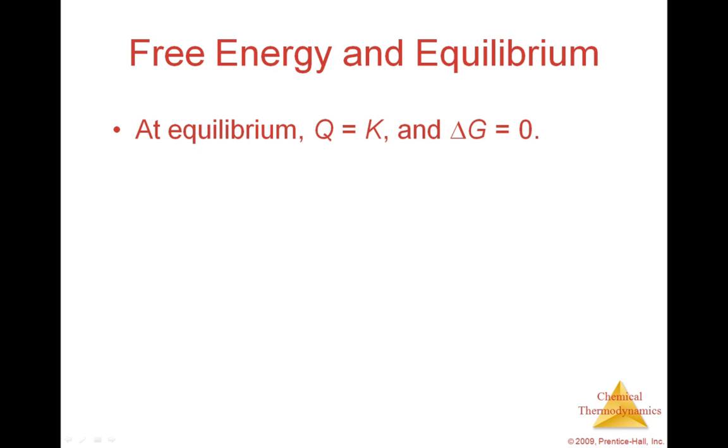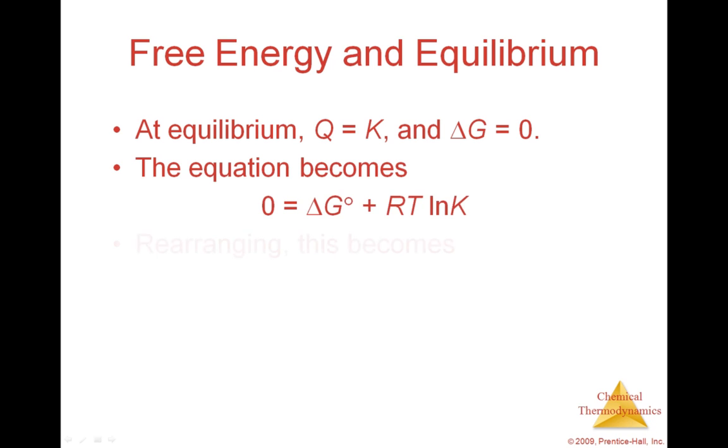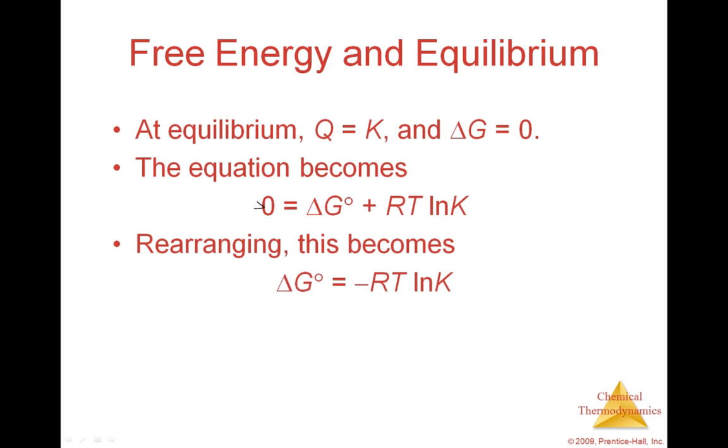So at equilibrium, Q is equal to K, and obviously delta G is equal to 0. So we can start subbing reactions into there. We set delta G equal to 0 at equilibrium by definition. And again, this is a very, very big idea.